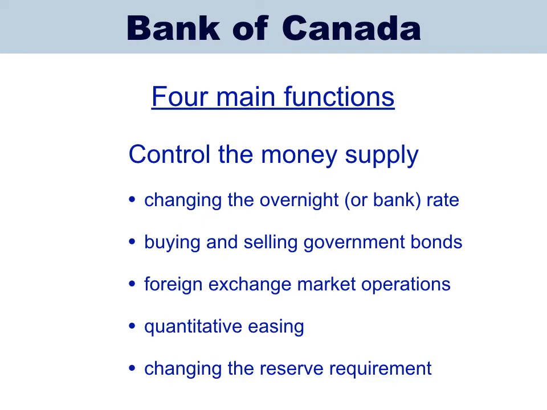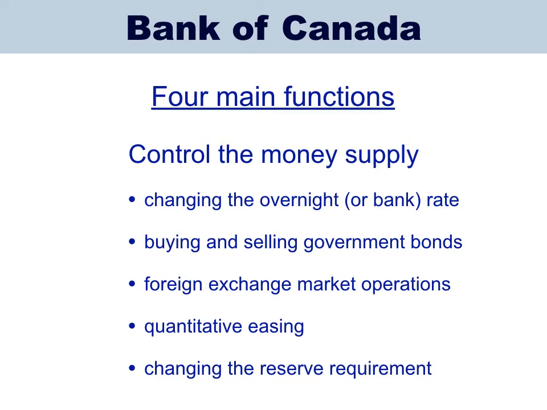And just like you, if the interest rate that the Bank of Canada is charging is high, the commercial banks are going to keep money in the central bank. And if that interest rate is low, they're going to withdraw money from that central bank. Right? So this ultimately is going to control the money supply, because if the commercial banks are taking money from the Bank of Canada, then that means that the money supply is increasing. And if they're putting money into the Bank of Canada, then that means that the money supply is decreasing.